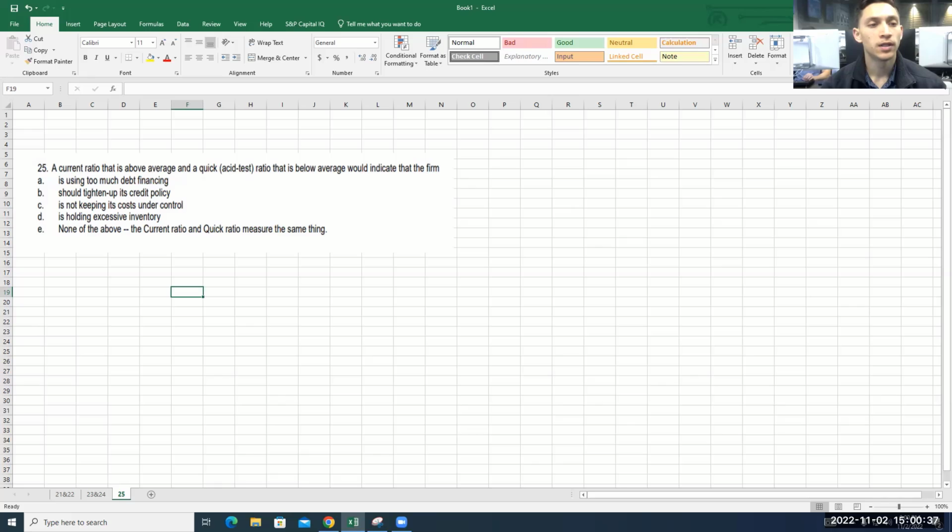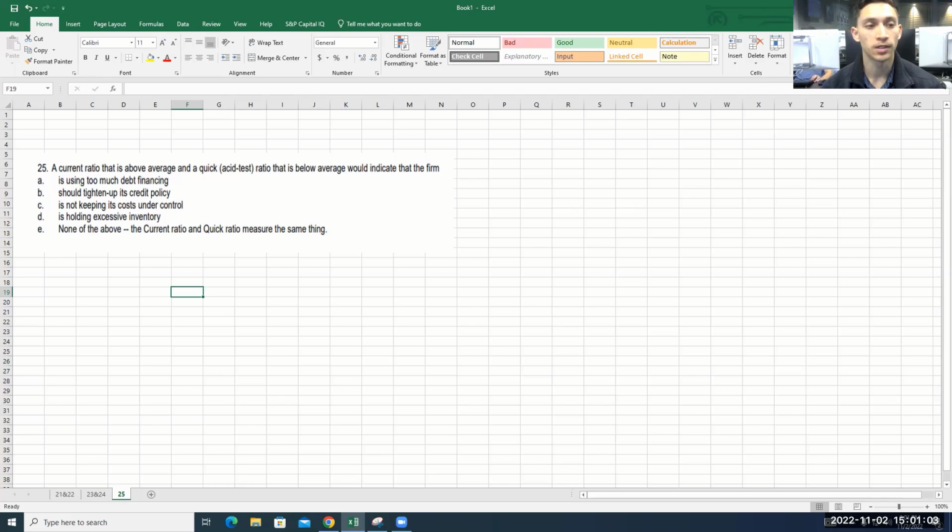All right, 25, a current ratio that is above average and a quick asset test ratio that is below average would indicate that the firm is using too much debt financing, should tighten up its credit policy, is not keeping its costs under control, is holding excessive inventory, or none of the above.